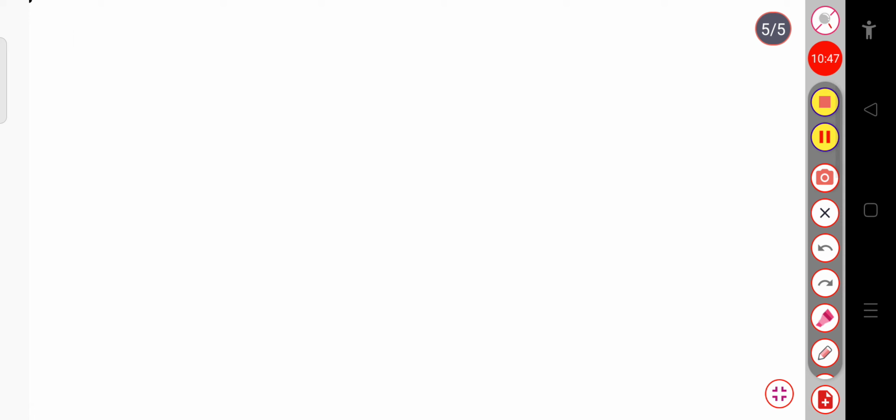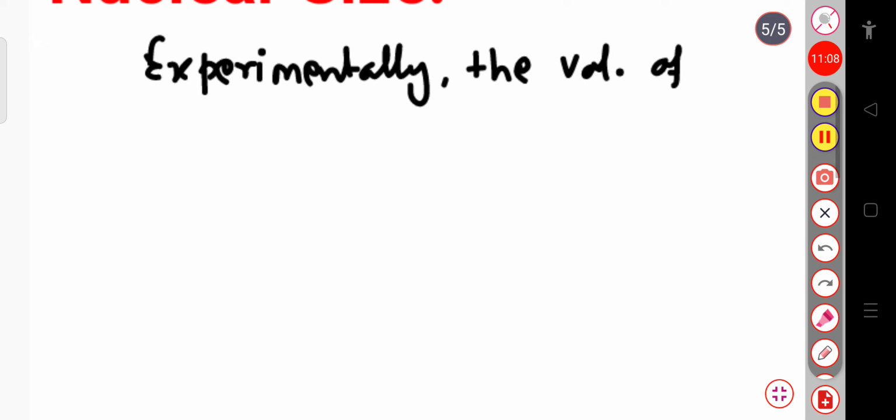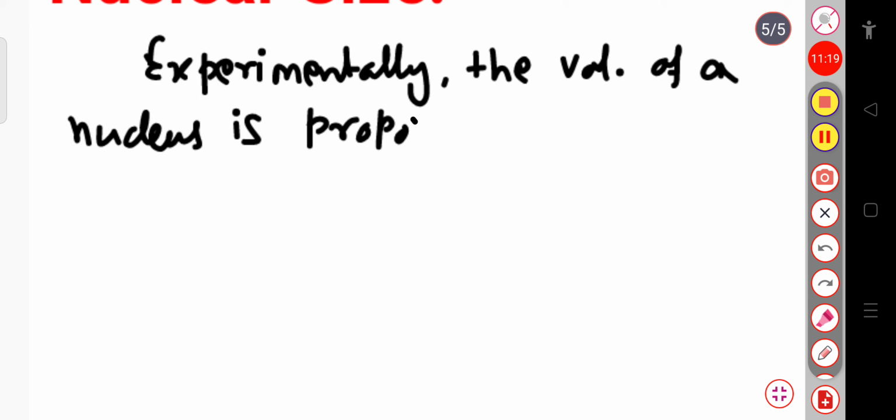So from the experimental result, or we can say experimentally, the volume of a nucleus is proportional to the atomic mass, proportional to the mass number.